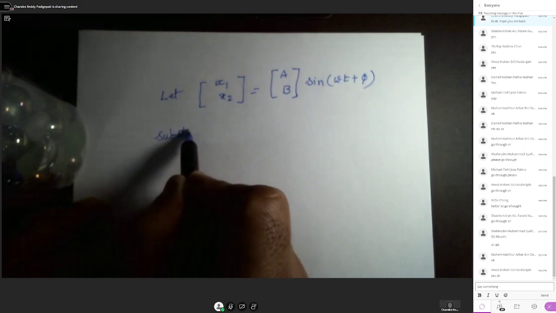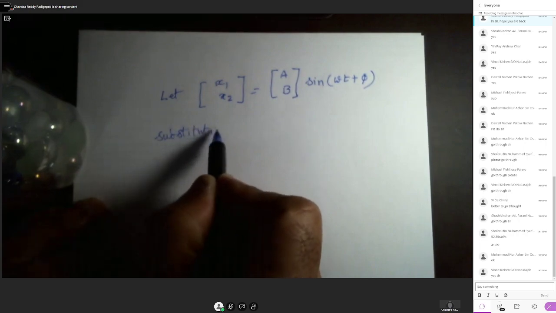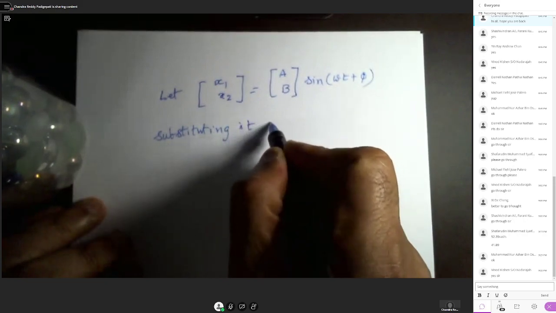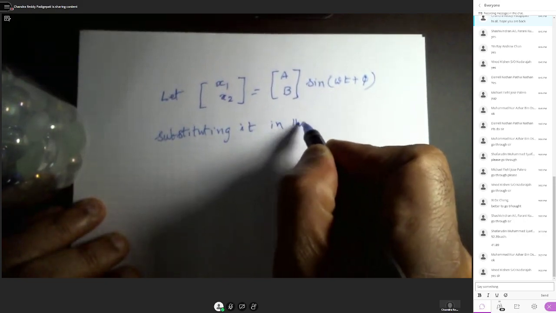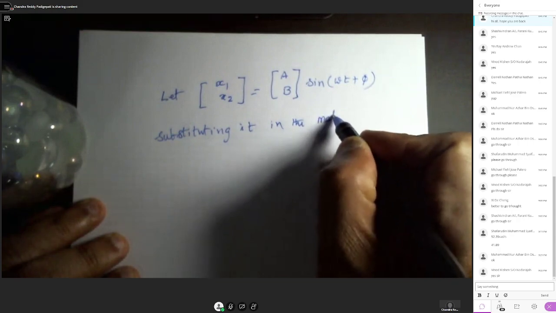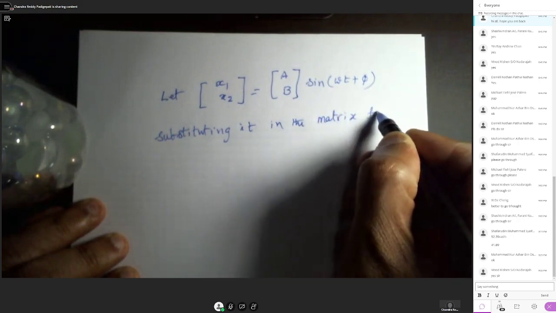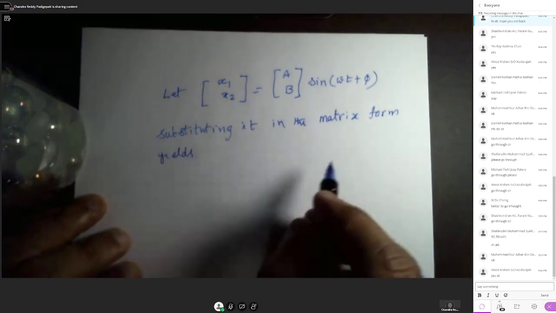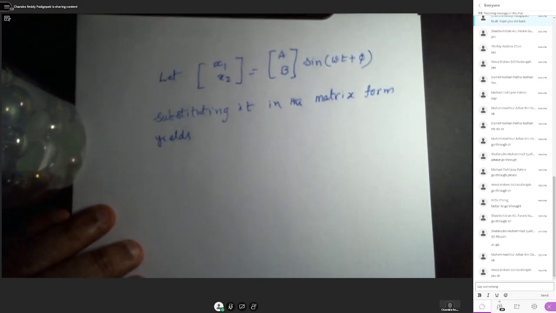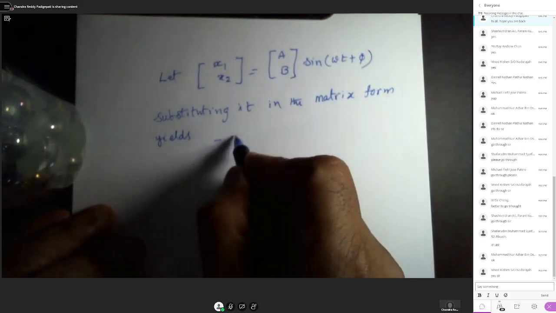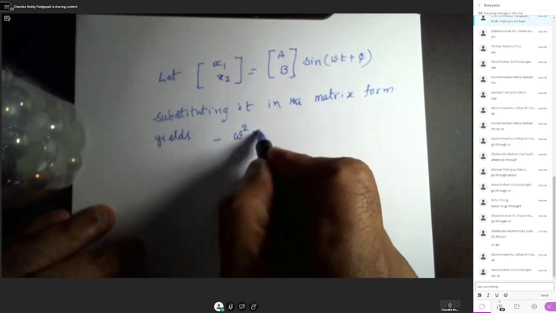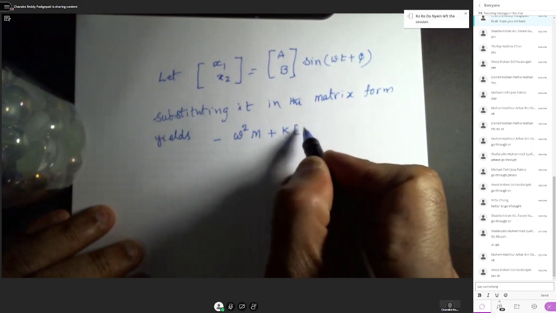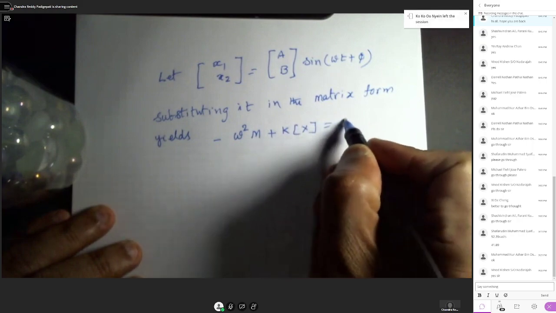Substituting this in the matrix format yields, and you can go through the working in the learning guide, which is given. So you get negative omega square m plus k x is equal to 0.